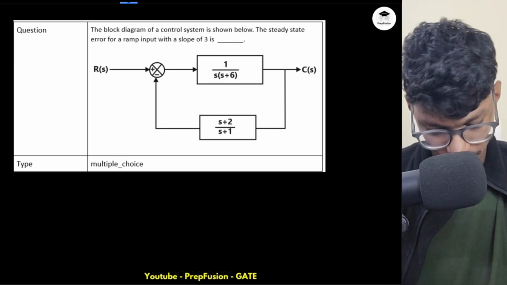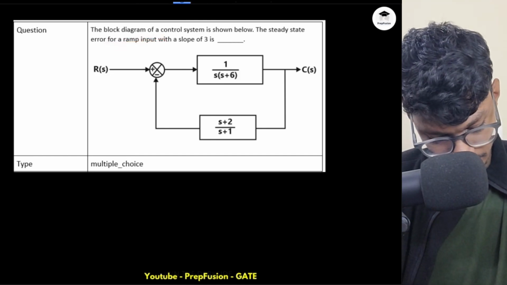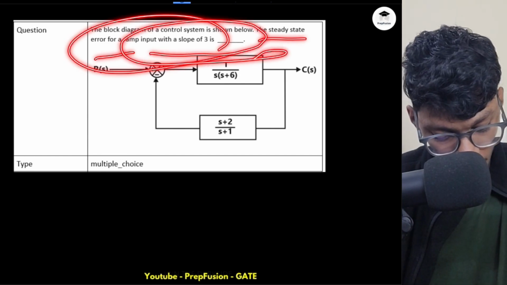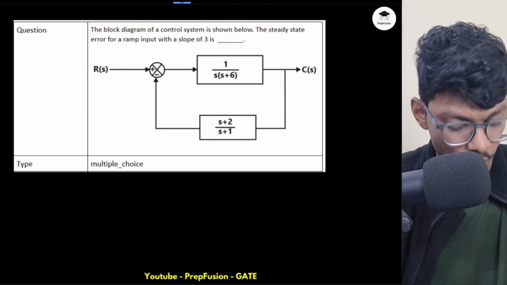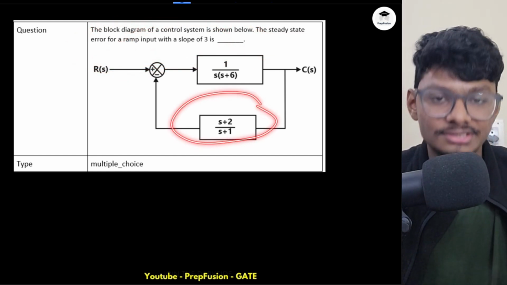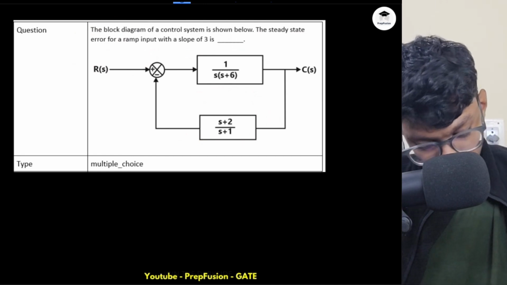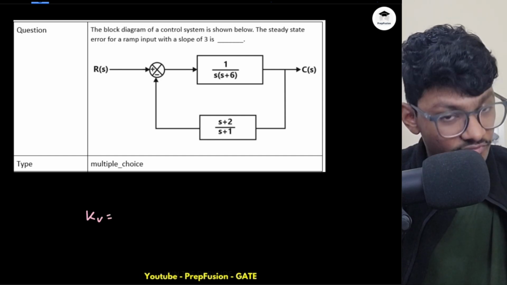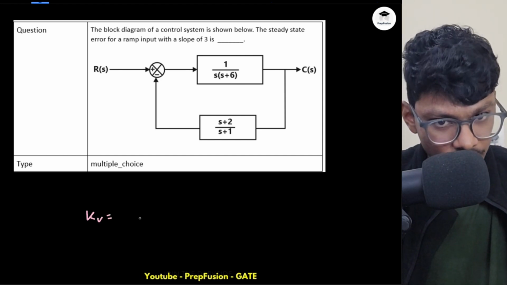Let's solve this question. The block diagram of a control system is shown below. The steady state error for a ramp input with a slope of 3 will be equal to what? Now this is not a unity feedback system. But if you remember the formulas, your KV, velocity error coefficient, because for a ramp input you used to compute this.